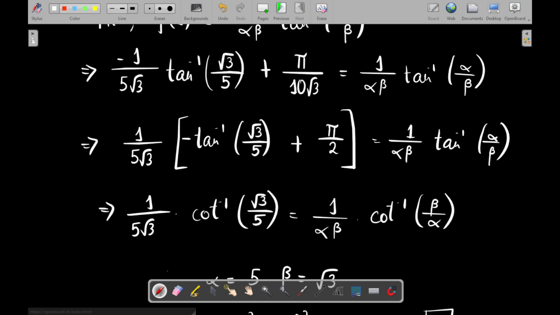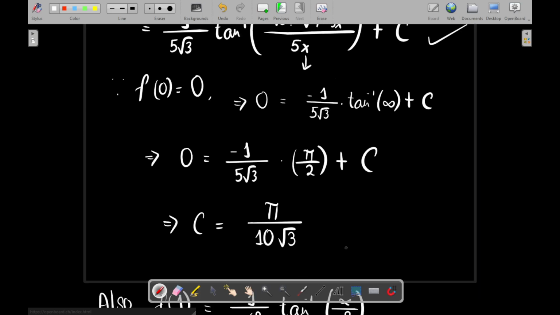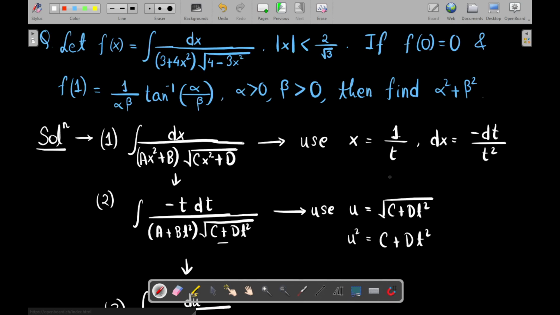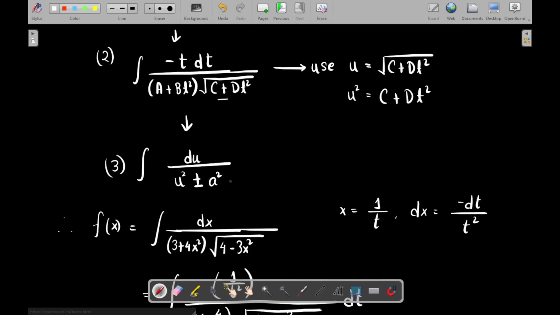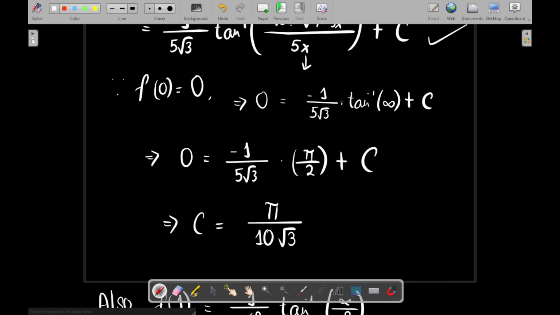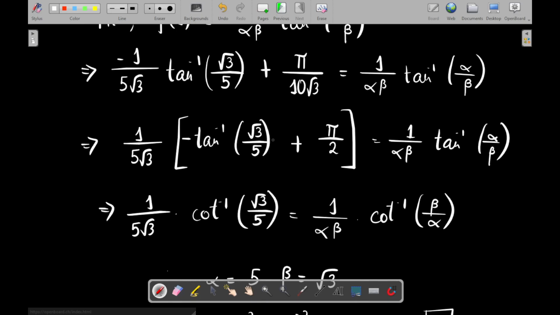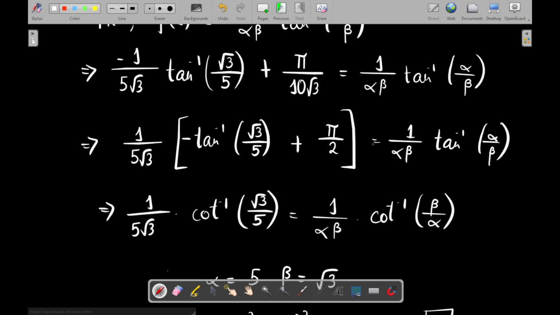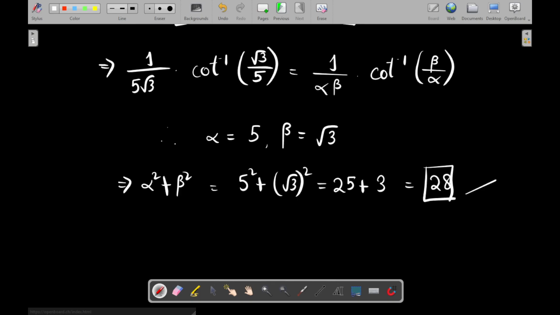Now this was a lengthy question, very lengthy. The pattern of the integral is not so difficult up to here, but after that this calculation is a bit lengthy for this question in particular. It requires a lot of patience as well as precision. So this was a very lengthy question in my opinion.